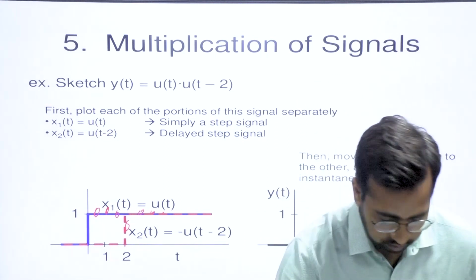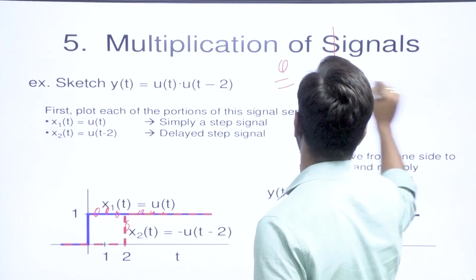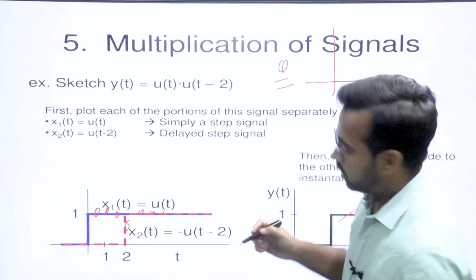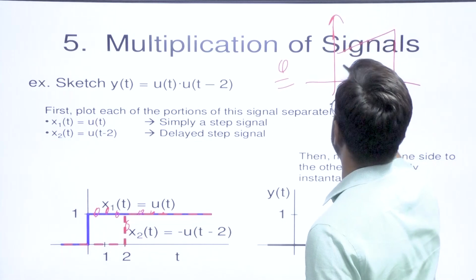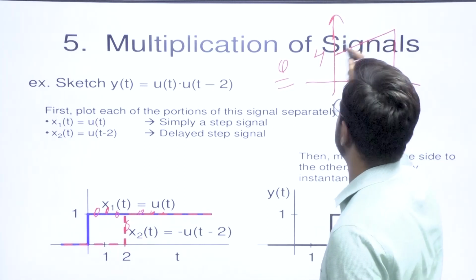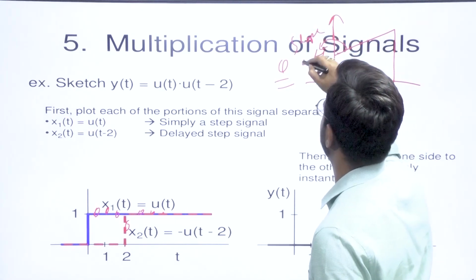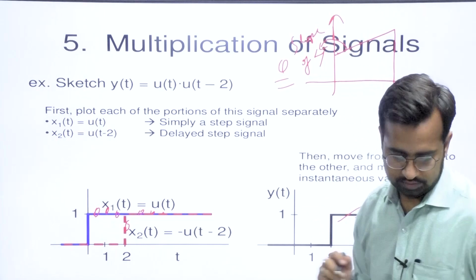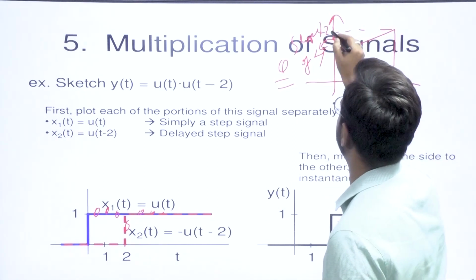Again, the basic question that comes up is, suppose someone asks you to draw a signal like this, which has a slope of 4, and this is 12.